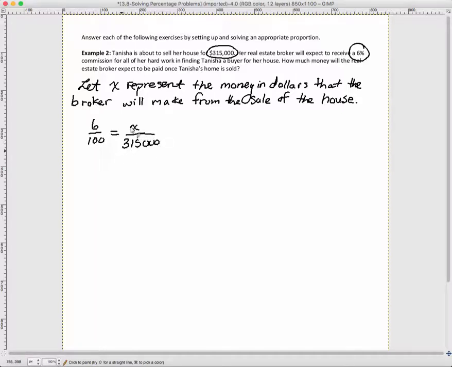We want to solve for X, so we want to undo this operation of division, which means multiply by the 315,000.